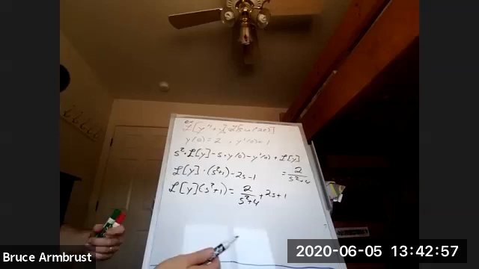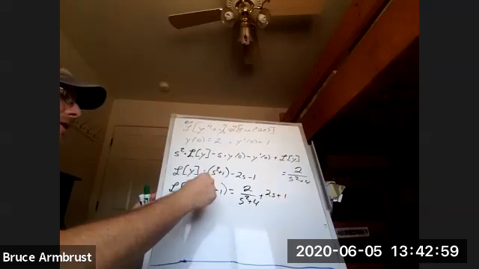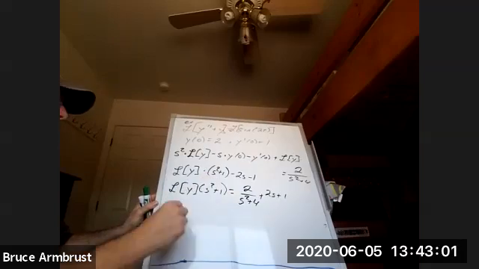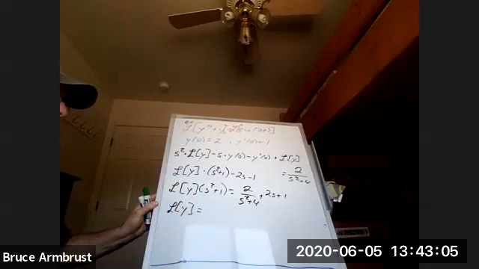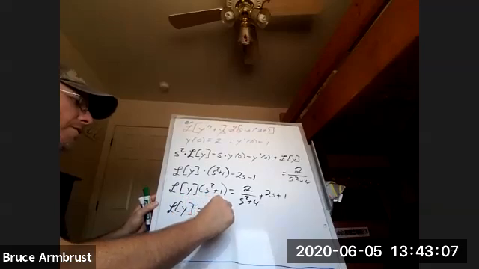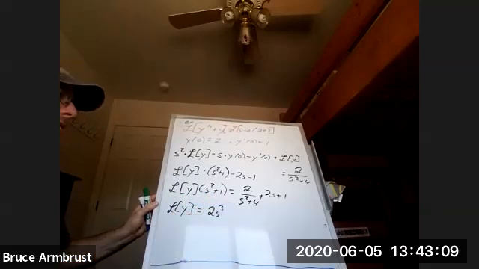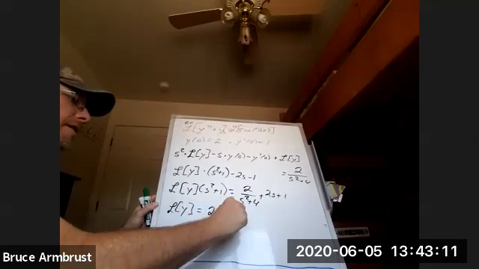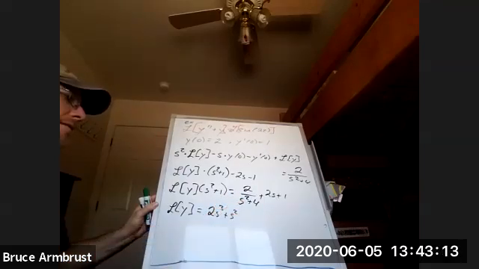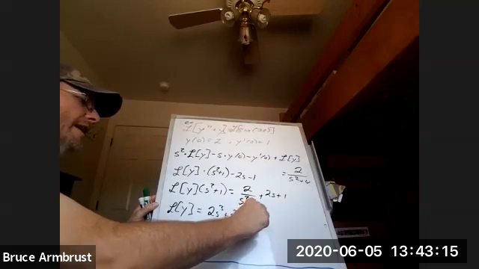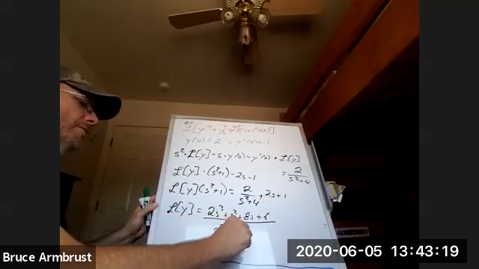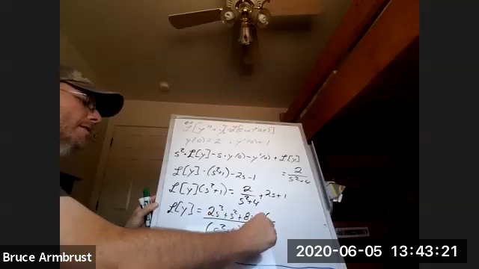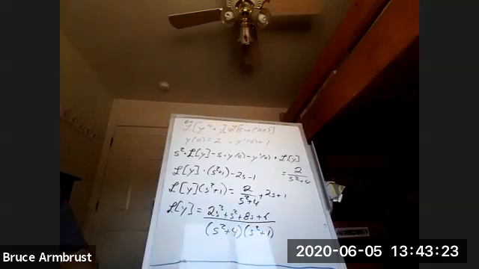And I can combine this together and then divide by the s squared plus 1. So we get the Laplace transform of y is equal to 2s cubed plus s squared plus 8s plus 6, and that's all over s squared plus 4 times s squared plus 1.